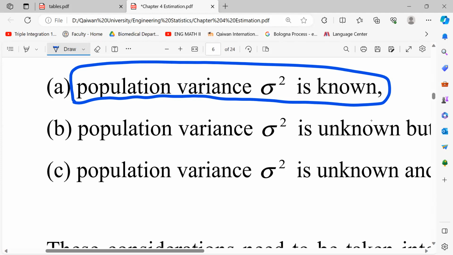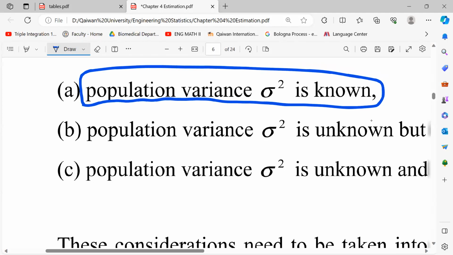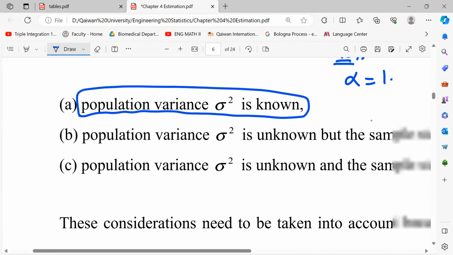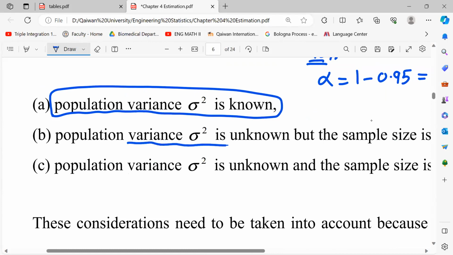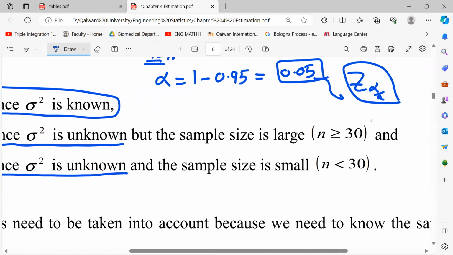In that case, we have another 2 cases. In the first one, the sample size is greater than or equal to 30. And in the second, the sample size is less than 30. We have these three cases for confidence interval of the mean.